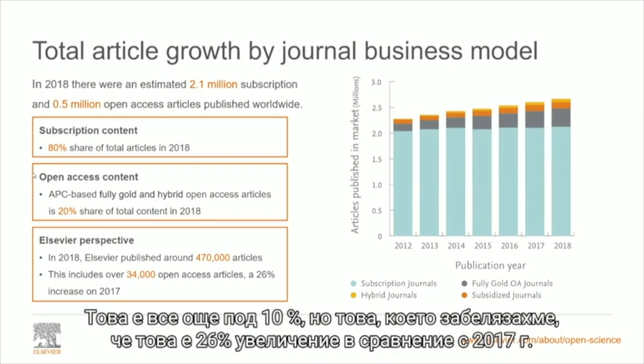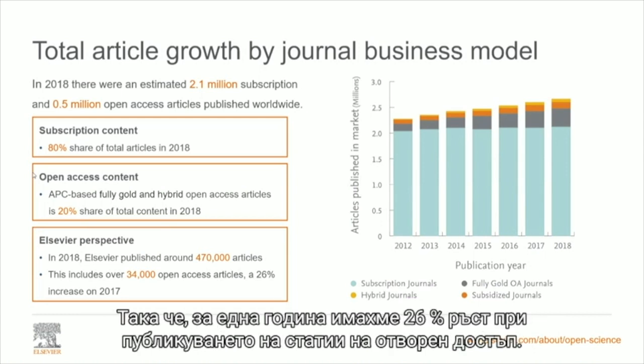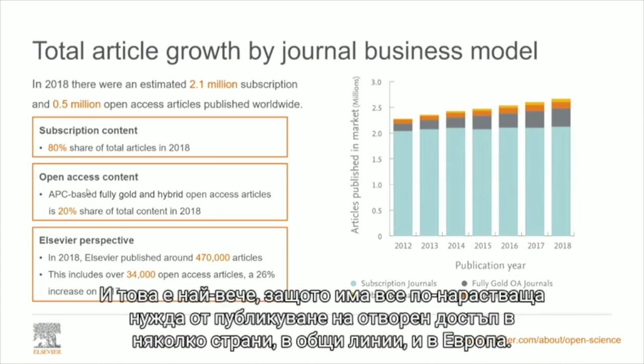And as much as this may still be below 10%, we noticed that it is a 26% increase since 2017. So in a year, we had a 26% growth in the number of open access articles. This is mostly because there is a growing need to publish in open access in several countries, basically in Europe as well.